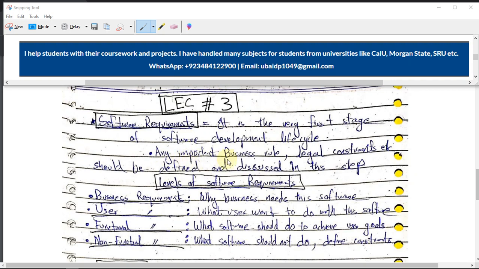Any important business rule, legal constraint, or contracts, or any non-technical aspect of that project will also be discussed and defined in this step.